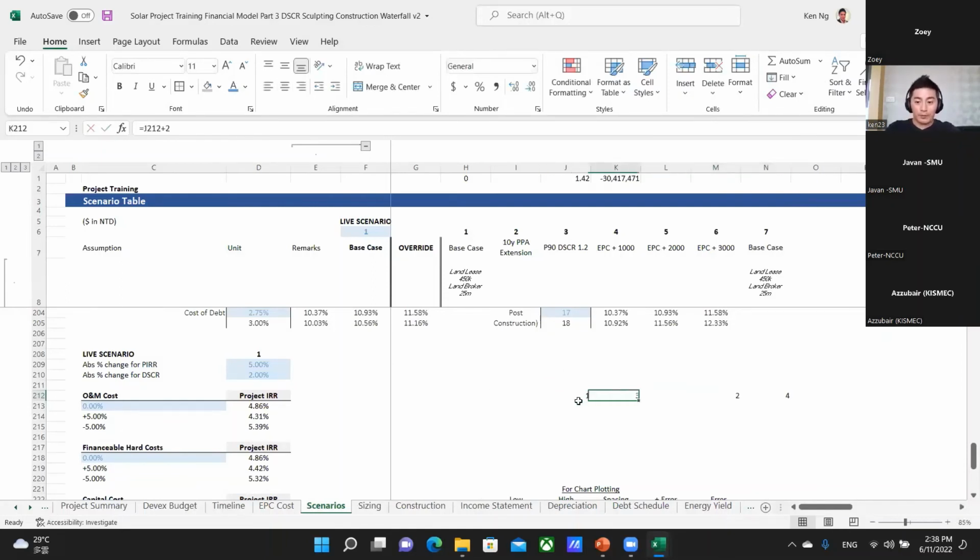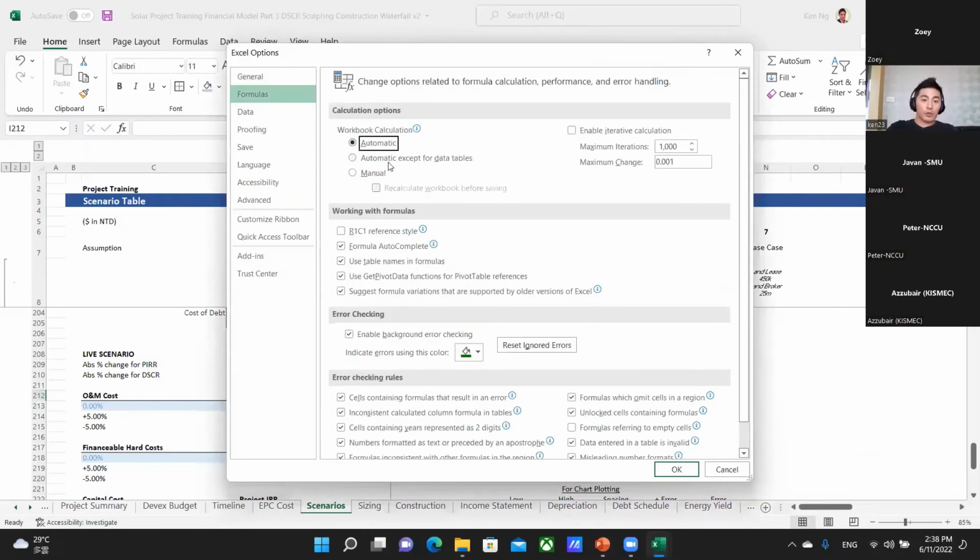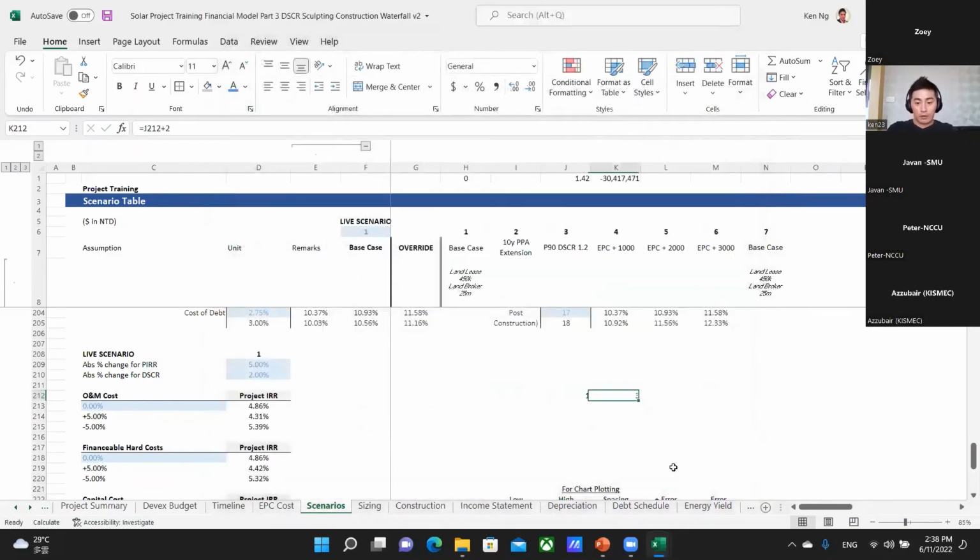But if you select the first option, which is automatic without the exception for data tables, when you try and make edits to the model, it tries to update every single data table every time you make a change. So that's going to really slow down your editing of the model.